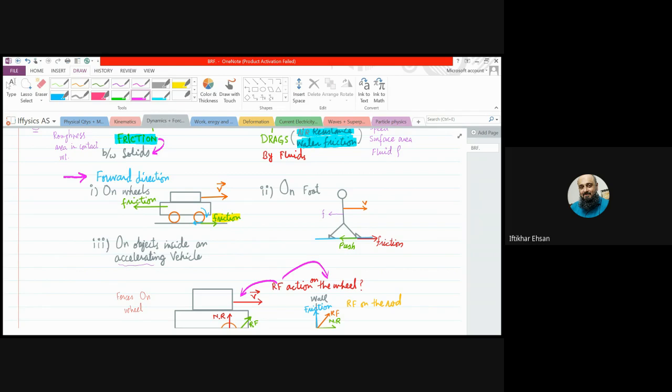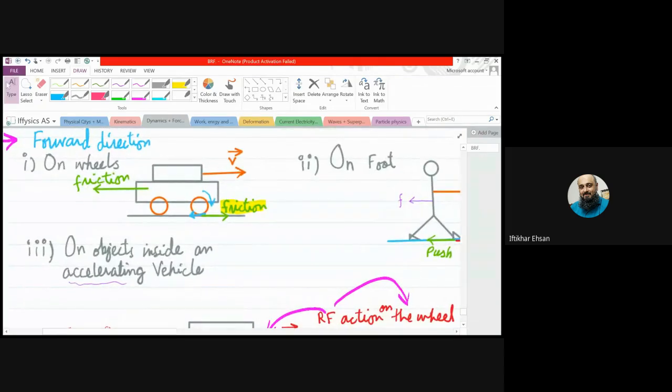There can be thousands or millions of examples. We cannot discuss or mention all here, but let us see. The friction can be in the forward direction. The example is the wheels. Like a car is moving in this direction, so this is the direction of motion of the car towards the right.